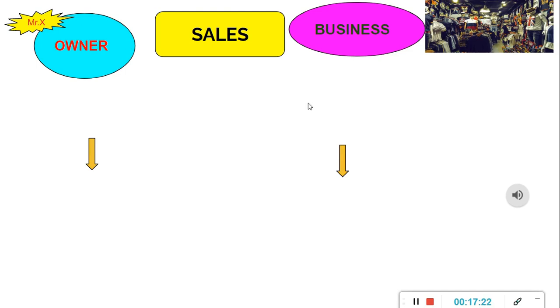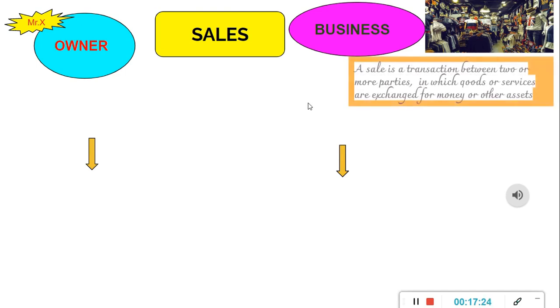So here also, what is a sale? A sale is a transaction between two or more parties, in which goods and services are exchanged for money or other assets. Here we can say that we are selling clothes for making money. That is called sales.